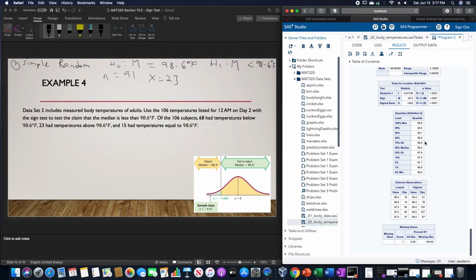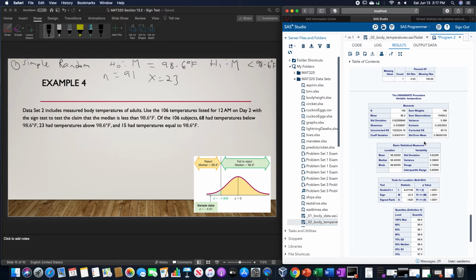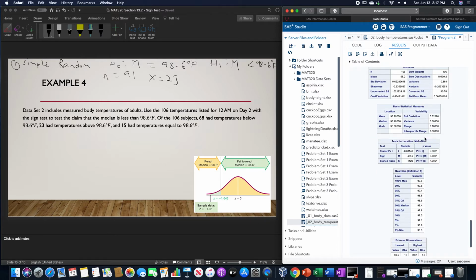Doing so gives us a whole bunch of stuff. We don't care about that. We just care about this last one, and we could see that it gives us a sign here of 22.5, which is very close to the 23 that we just got. And this gives us a very small p-value of less than 0.0001.